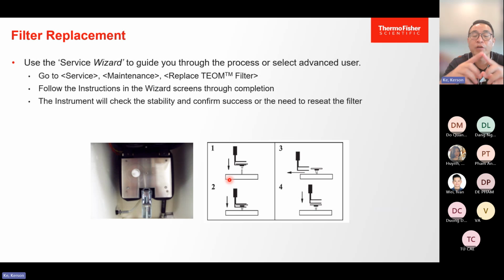Normally we have an indicator showing the percentage of loading on this filter. We normally see the loading reach 70 or 80%, and when you perform the maintenance, you just replace it. We don't need to replace it every day.